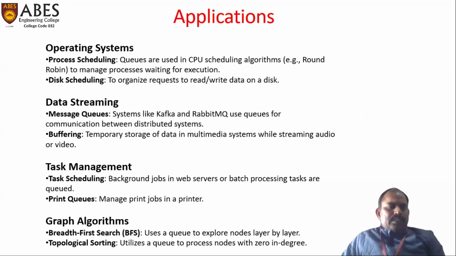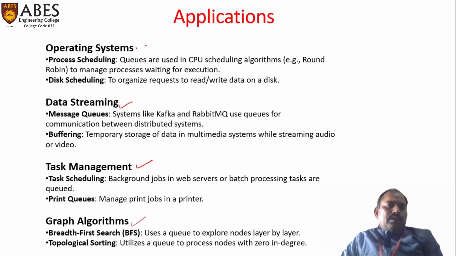There are various applications where we can use the queue data structure. We can use a queue data structure in operating systems, in data streaming, in task management, and in graphical algorithms.